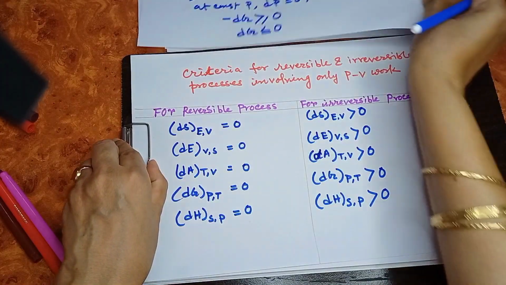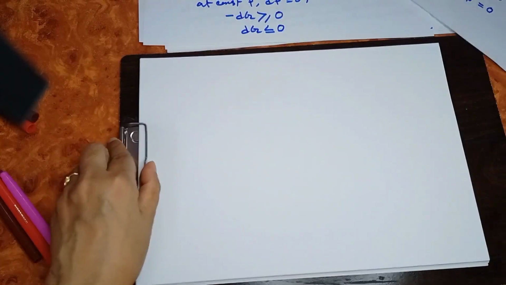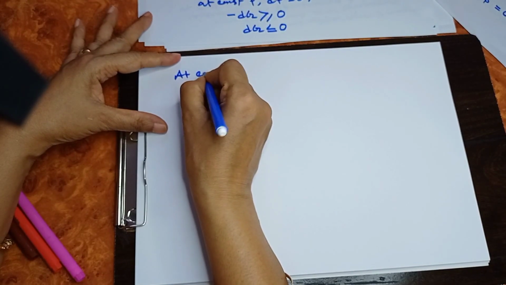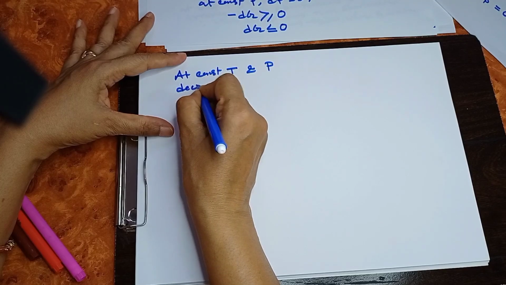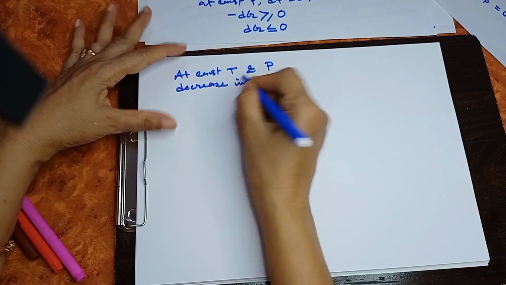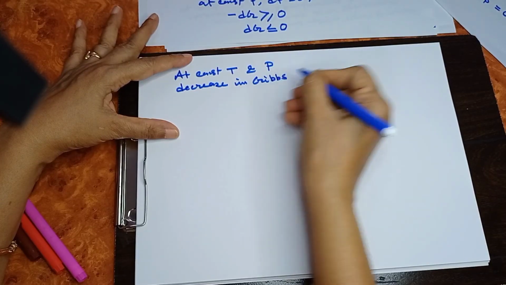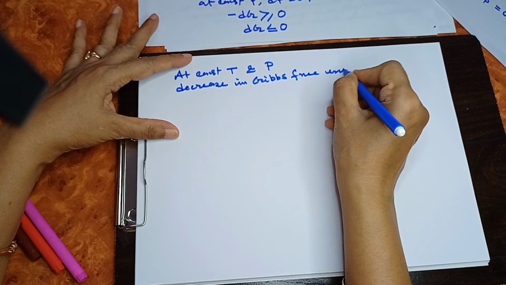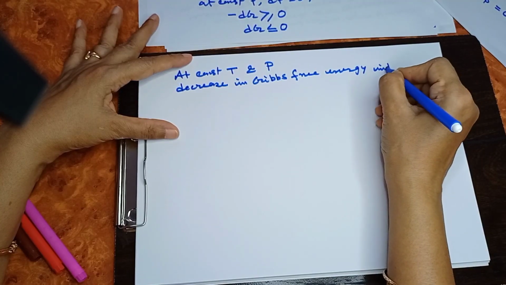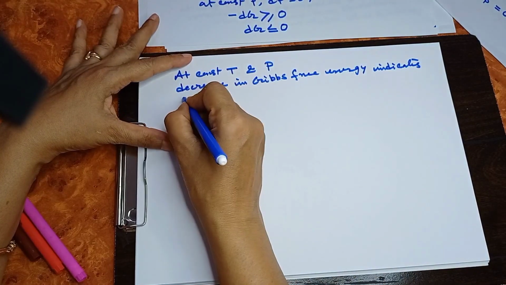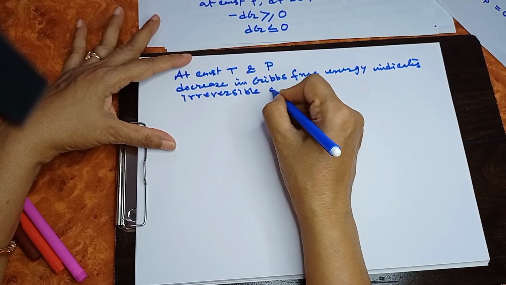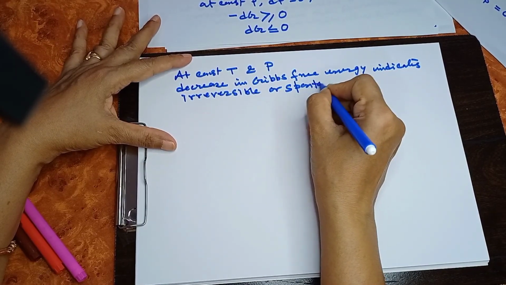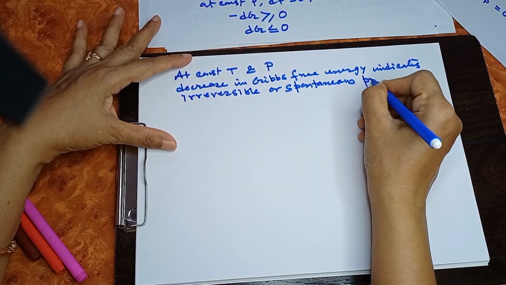At constant temperature and pressure, decrease in Gibbs free energy indicates irreversible or spontaneous process.